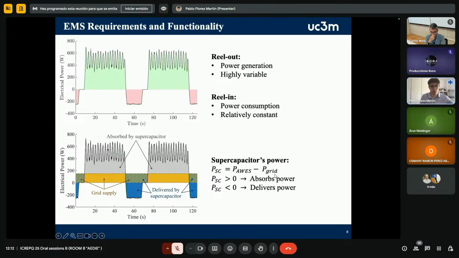And the image below illustrates how energy is distributed across the cycle. During the reel out, part of the energy generated goes directly to the grid, while the supercapacitor absorbs the rest of the power generation. And conversely, during the reel in, the supercapacitor, previously charged, now discharges to meet both the reel-in demand and the grid demand.